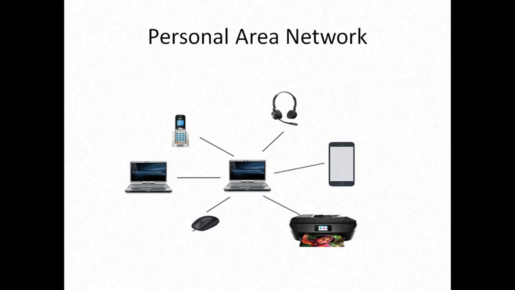The example of connecting a headphone or mouse or keyboard that I gave you was an example of wired establishment of personal area network. Now you can also create a personal area network with wireless connectivity.